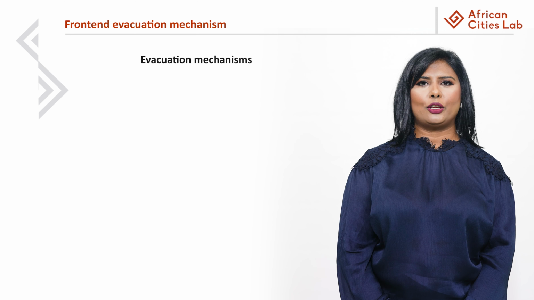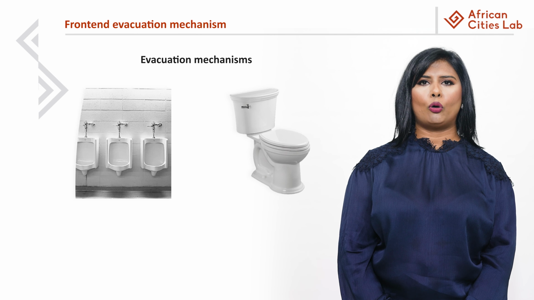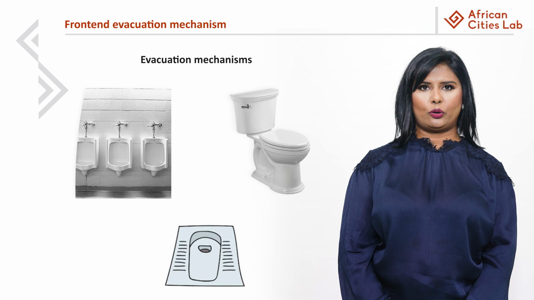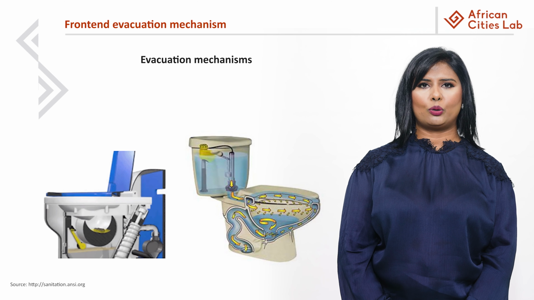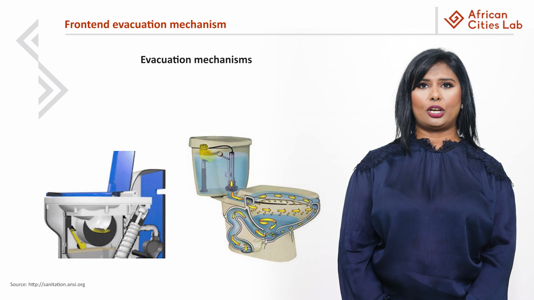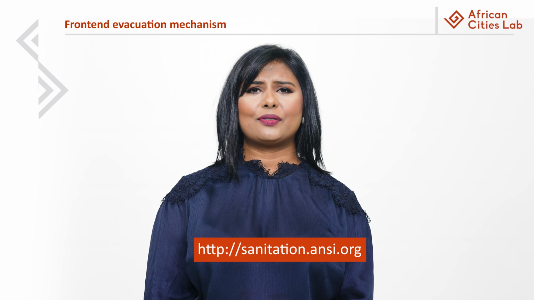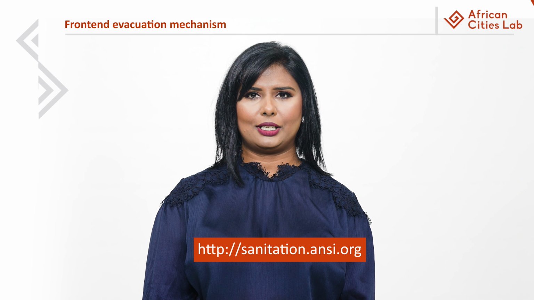In terms of the evacuation mechanisms, some front ends will have a conventional flush or pour flush, while some will be dry toilets. More novel evacuation mechanisms have been developed which employ mechanical forces with little to no water, like the technology on the right. Please visit the ANSI website on the link below for more information on these technologies.